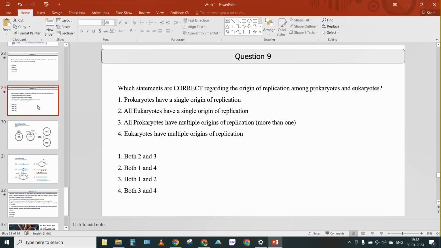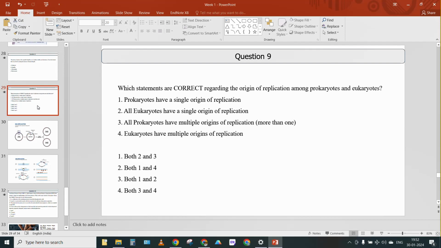Question 9 has some statements regarding the origin of replication among prokaryotes and eukaryotes. Statement 1 is that prokaryotes have a single origin of replication. Statement 2 is that all eukaryotes have a single origin of replication. Statement 3 is that all prokaryotes have multiple origins of replication.